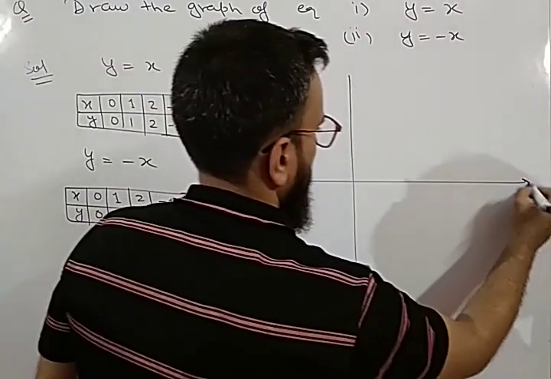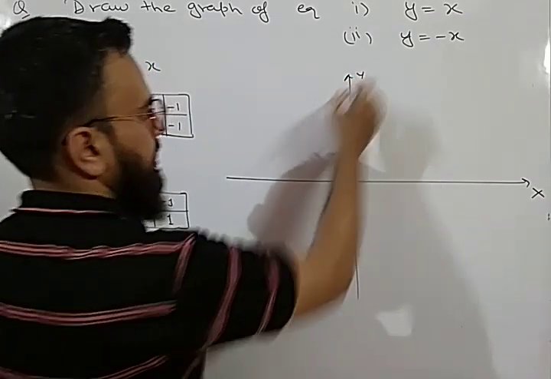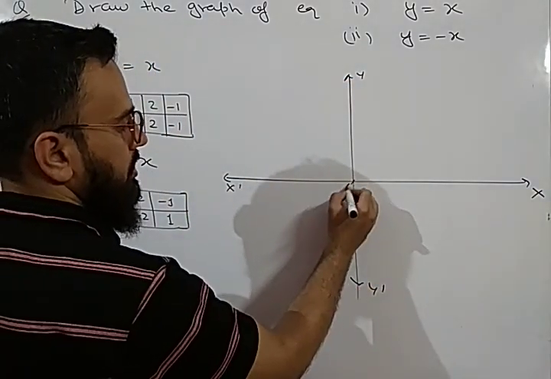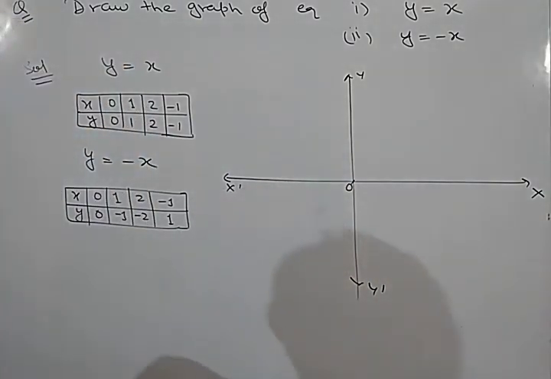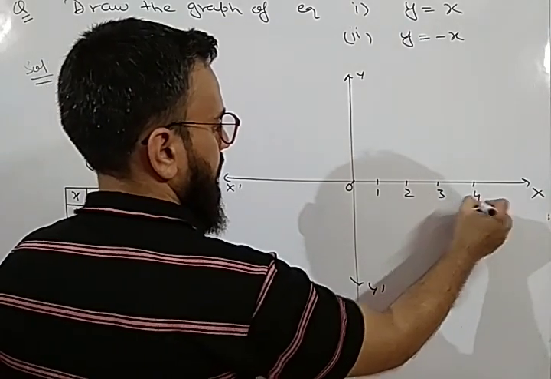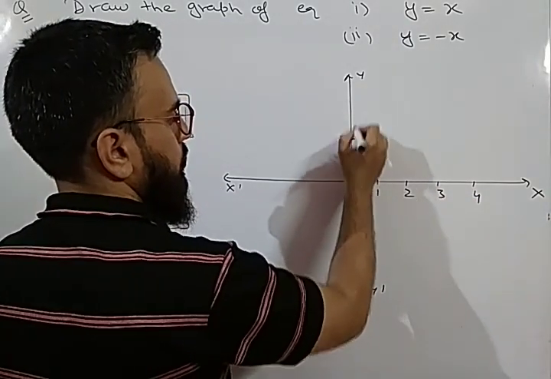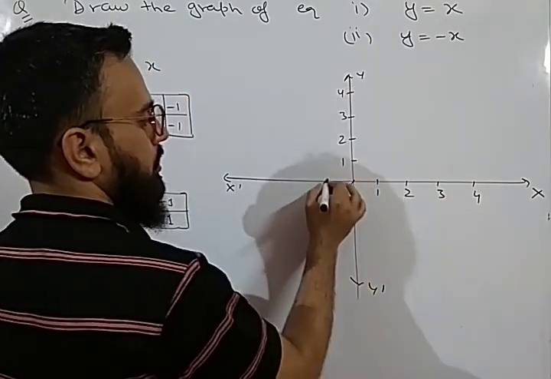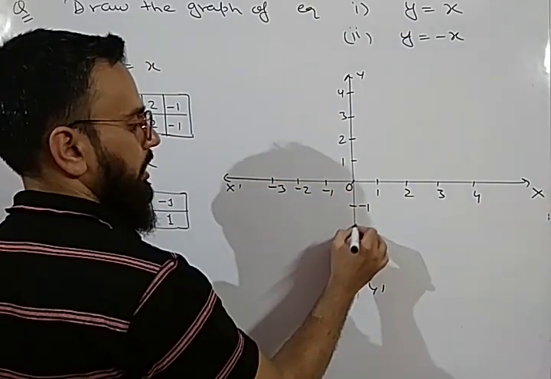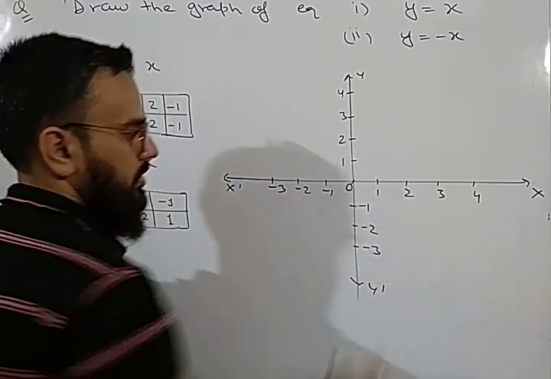Now if we have to plot the graph, this is the x-axis and y-axis, x dash, this is y dash, and this is our origin. So taking the points 1, 2, 3, 4, minus 1, minus 2, minus 3 on each axis.